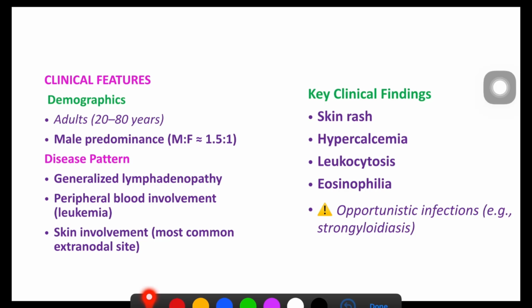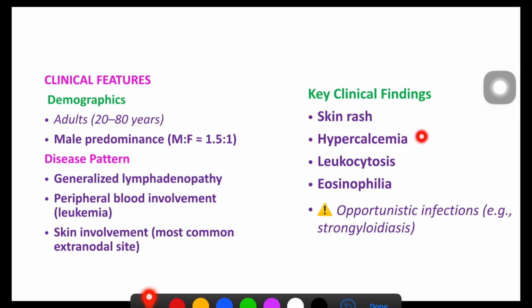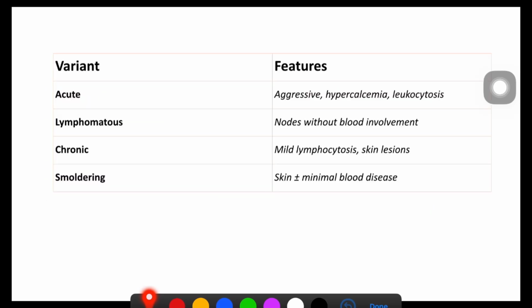Findings include generalized lymphadenopathy, peripheral blood leukemia, and skin involvement, which is the most common extranodal site. Key findings are skin rash, hypercalcemia and leukocytosis along with eosinophilia, and there is increased opportunistic infection, such as strongyloidosis.